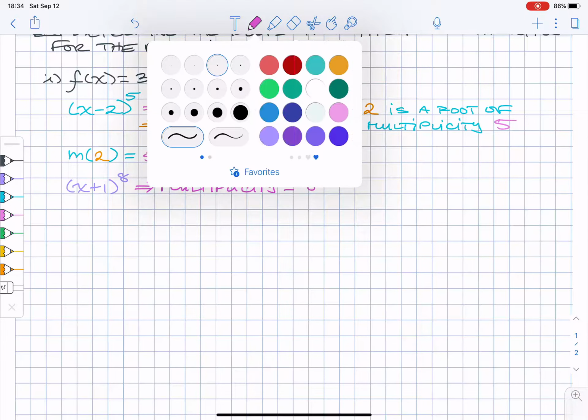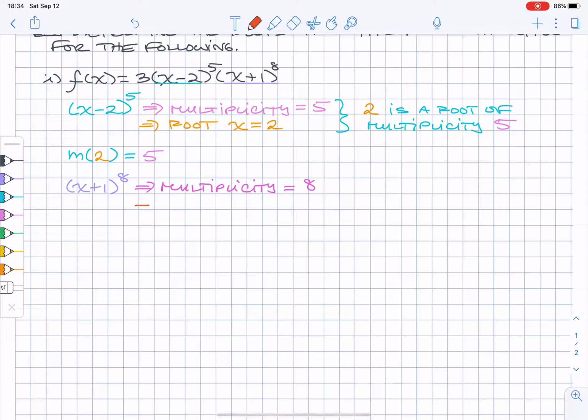However, the root in this case, what value of x is going to make x plus 1 equal to 0, and that would be -1. So the way we're going to say this then is that the multiplicity of -1, that's the root, is, what's the power? The power is 8. So the multiplicity is the power on each distinct factor.